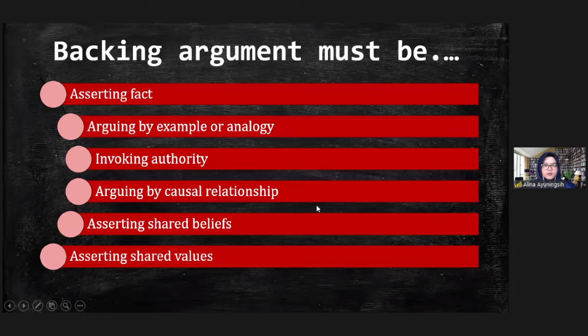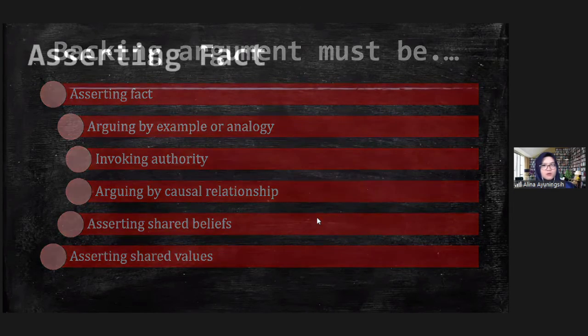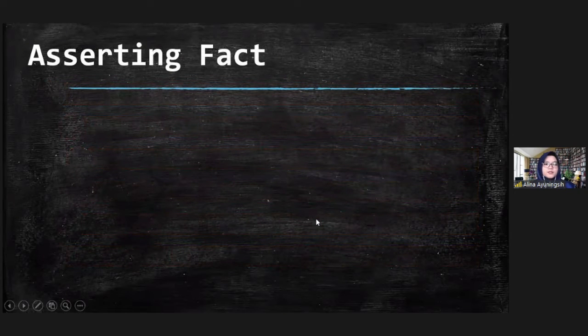Right, so here are the types of the backing argument. And let's talk about asserting fact. As you can guess, asserting fact means that we use a statement that can be proven objectively to be true. That's a fact.